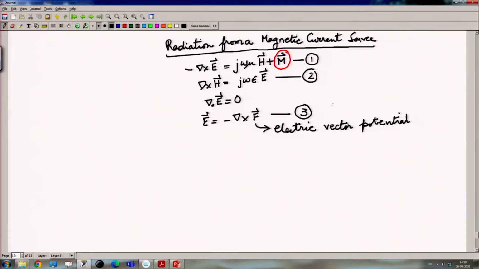So, now substituting 3 into 2, similar to the electric current source problem, I mean the steps are conceptually similar to the electric current source problem.